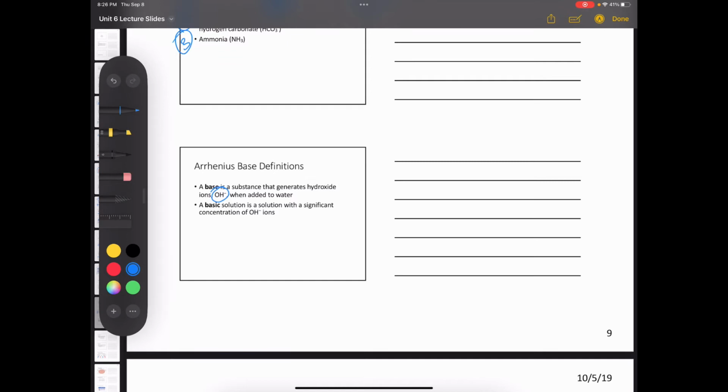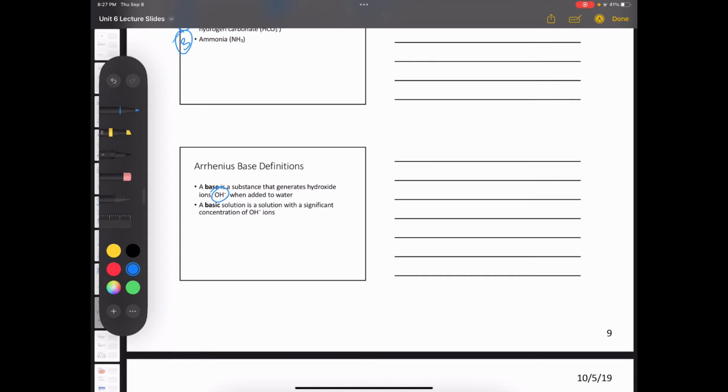If the material forms OH minus, the hydroxide ion, when added to water, then that material is considered a basic material, regardless of whether that substance has OH within its molecular structure or not. As long as it forms hydroxide ions, it is considered a basic material.